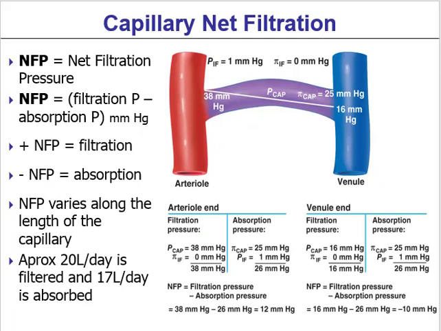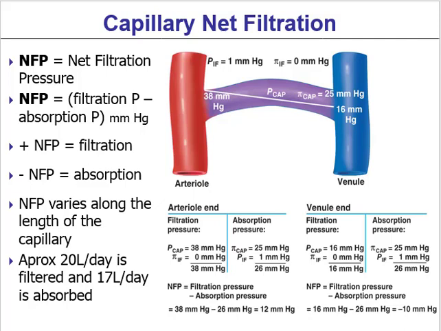So let's look at this with the numbers. Okay, so you can do the math and prove this method to yourself. The net filtration pressure, or NFP, can either be positive or negative. The difference between these two pressures will drive the bulk flow across the capillary beds.